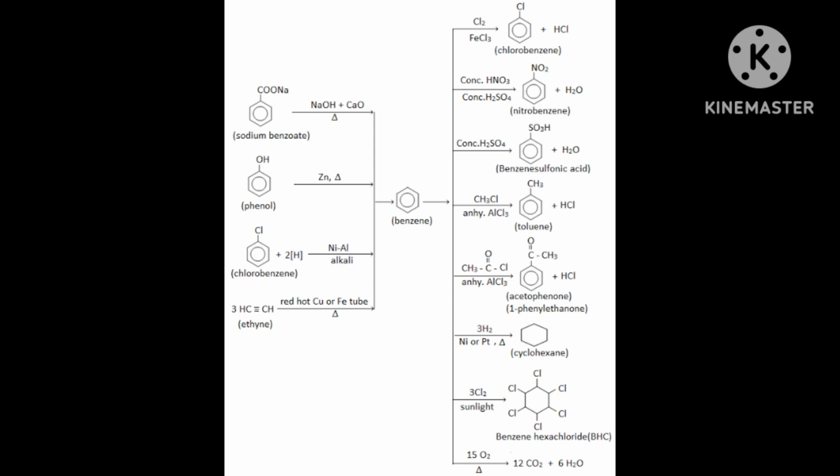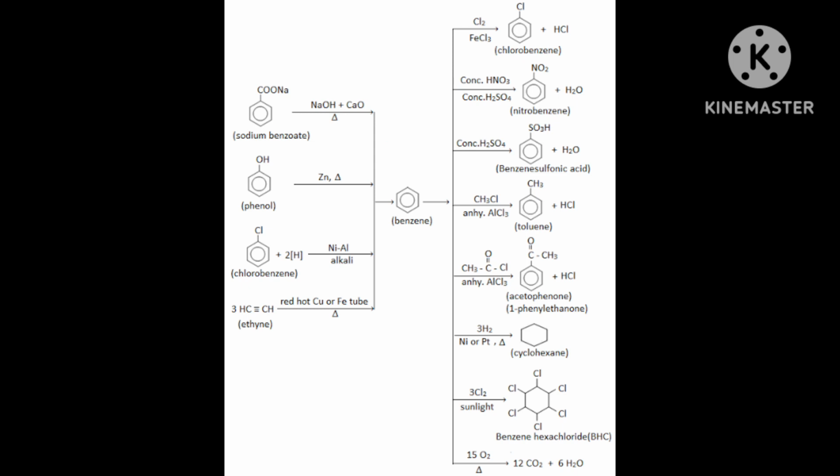Then H will remain there. OH was there, O went with Zn as ZnO, and now H will be attached to the benzene ring. So C6H5 became C6H6, meaning H has joined the benzene ring. Now C6H6, the complete benzene structure, you can write. That is, you got benzene from phenol, C6H5OH.